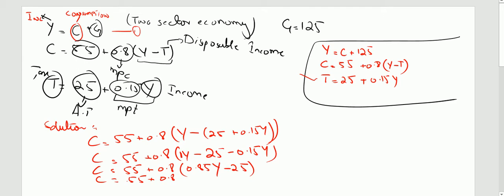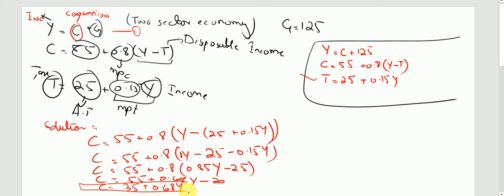Multiplying 0.8 with 0.85y gives 0.68y, and 0.8 into 25 will become 20. Now we subtract 20 from 55, and it will become 35 plus 0.68y.